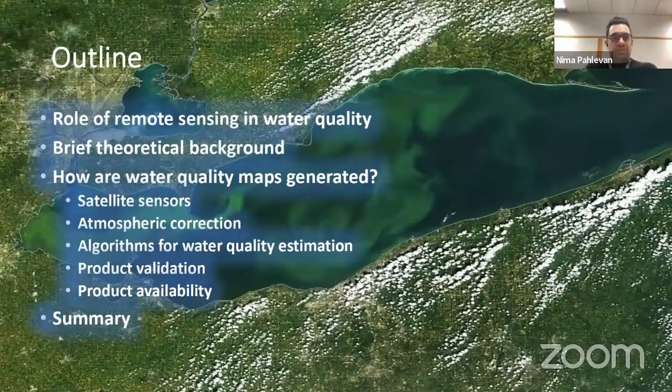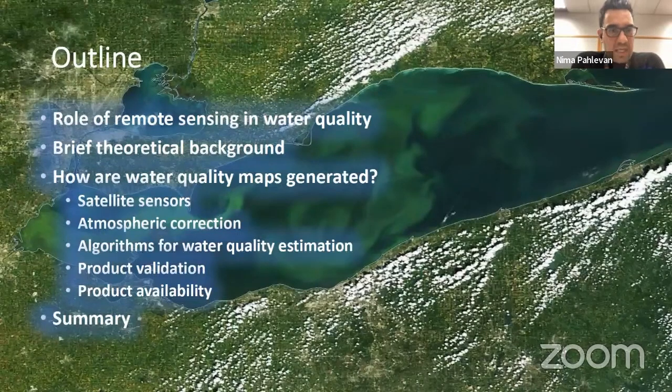Okay, so just to give you an idea of what I'll be talking about today, I'll first start by talking about the role of remote sensing in water quality. I'll give you a brief theoretical background of remote sensing of water quality, and then I'll jump into how the water quality maps can be generated from satellite observations.